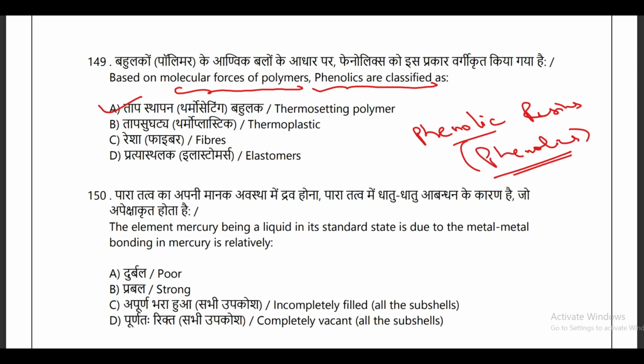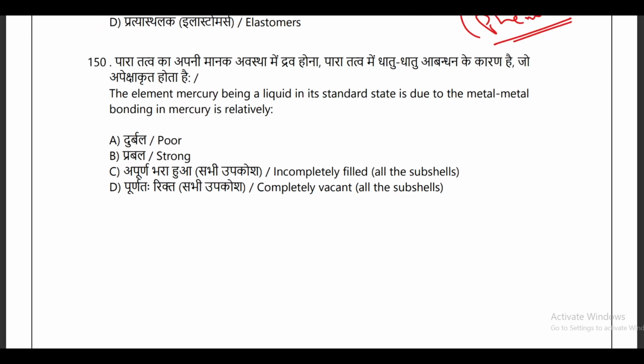The last question is: the element mercury being a liquid in its standard state is due to metal-metal bonding in mercury being relatively, and option A is your correct answer, relatively poor. Mercury remains liquid at room temperature because metal-metal bonding in mercury is relatively weak compared to other metals.